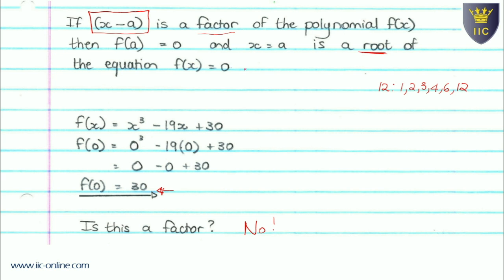In other words, a root will mean that whatever a is, a and 0 will be one of the coordinates on the graph, because y, in other words f of x, will be equal to 0 when x is equal to a.